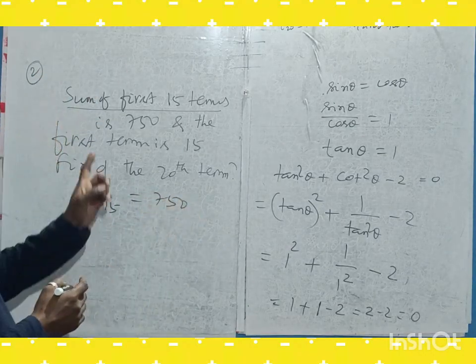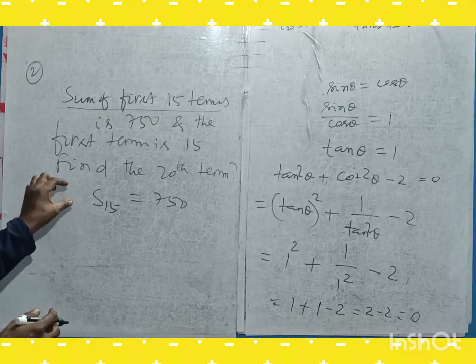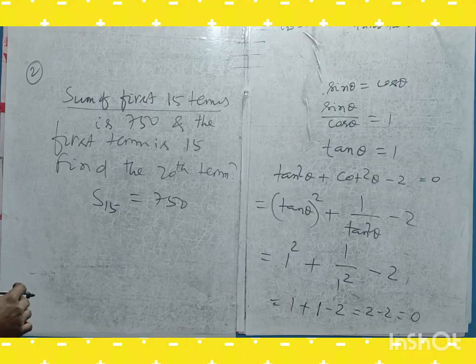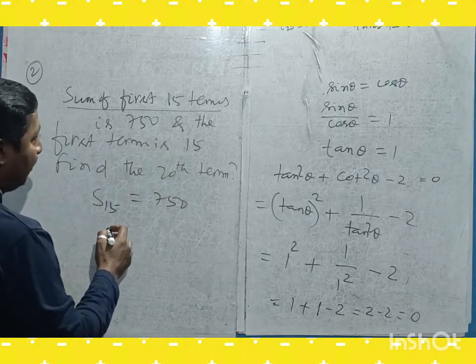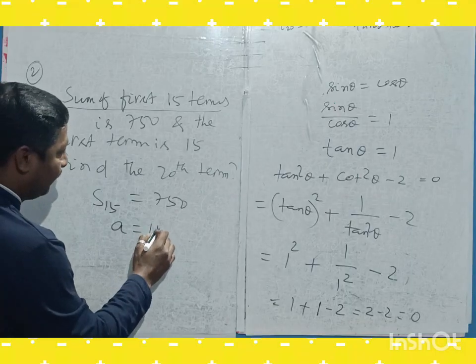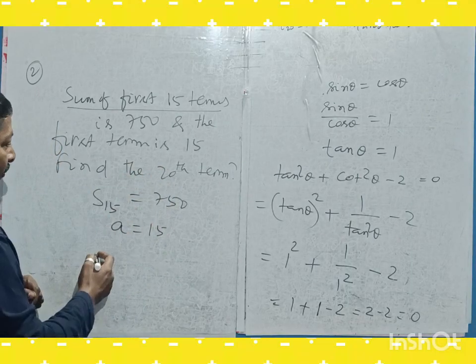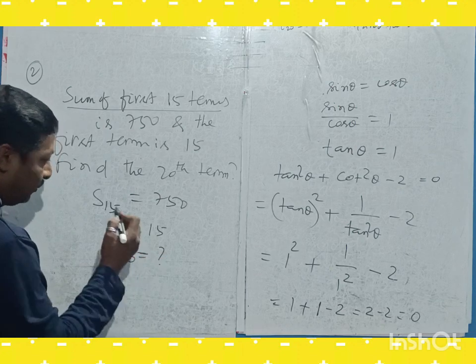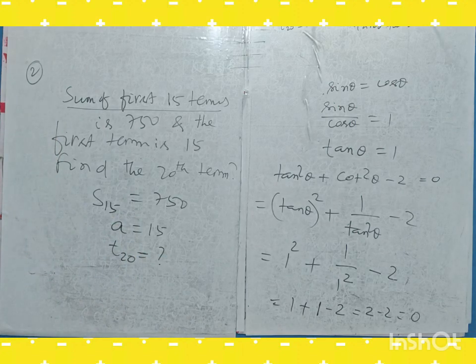So from these words, you have to write S15 equal to 750. You have to understand this, otherwise you can't proceed. Okay? The first term is 15 means a is 15. Find the 20th term means you have to calculate T20. So let's calculate.